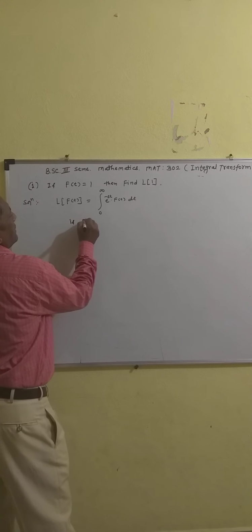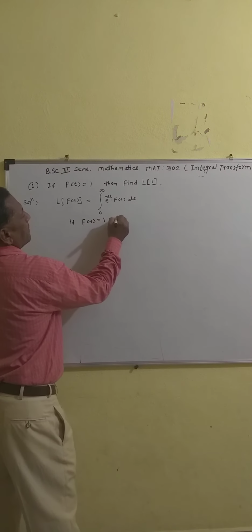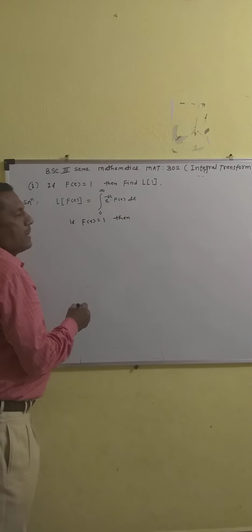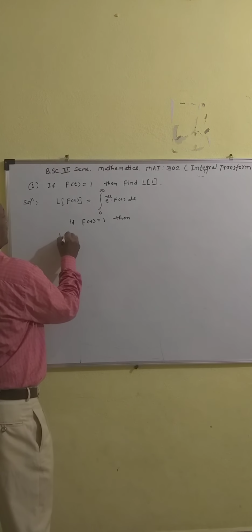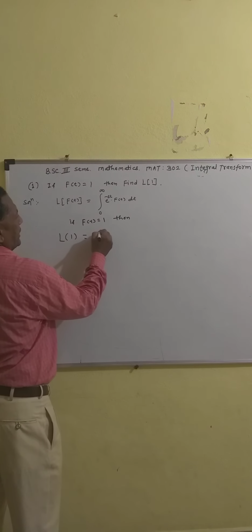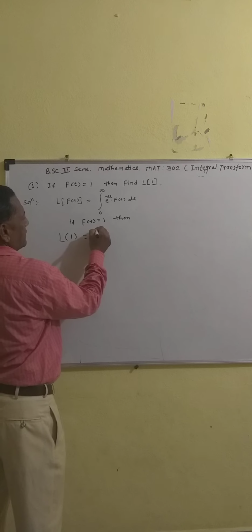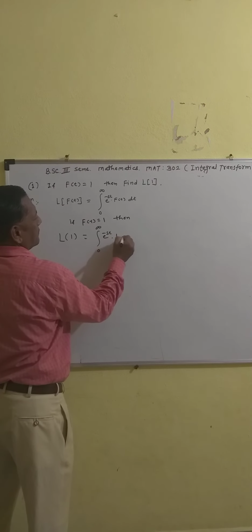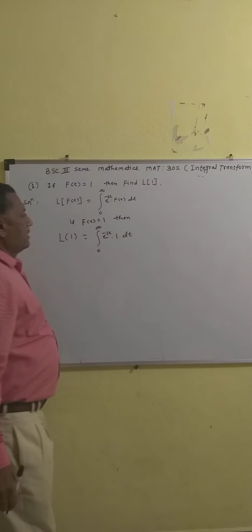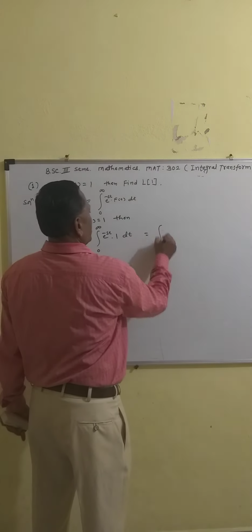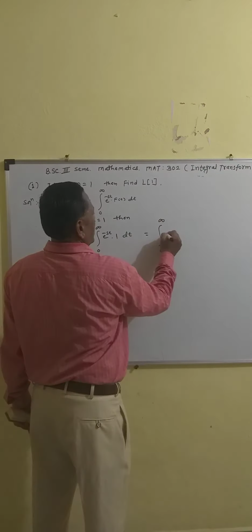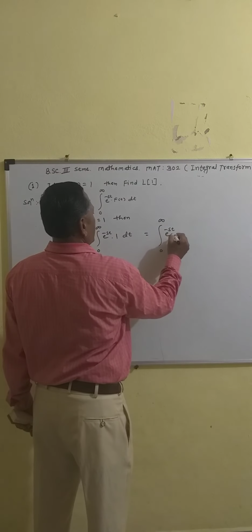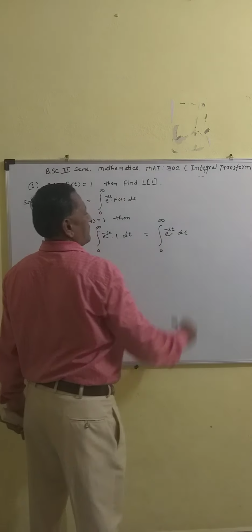If f of t is equal to 1, then the Laplace transform of 1 is equal to the integration going from 0 to infinity e raised to minus st, f of t is 1, and dt, which is equal to the integration going from 0 to infinity e raised to minus st into dt.